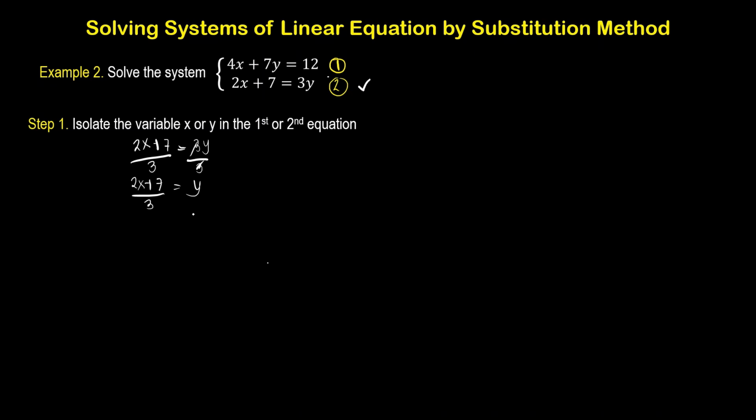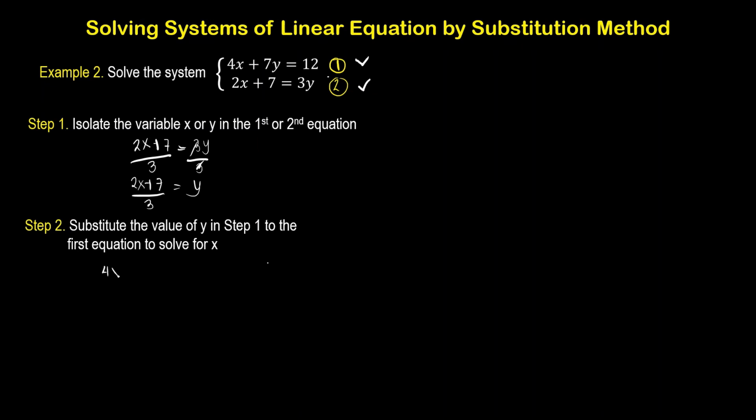So that means gagamitin natin to for our second step, which is to substitute the value of y, in step 1, which is yung nakuha natin dito kanina, to the first equation para ma-solve natin si x. So that means, gagamitin natin ang first equation para i-solve natin si x.